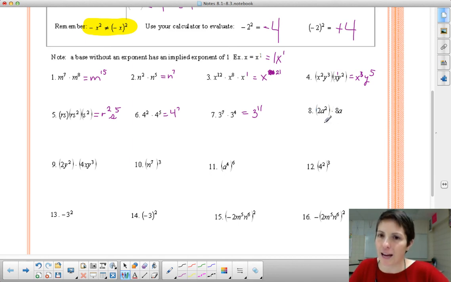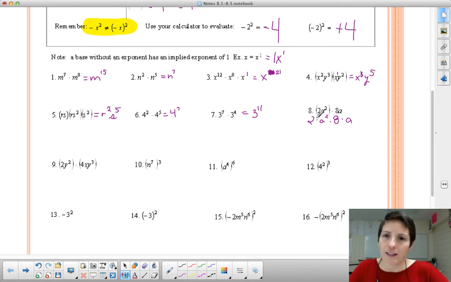So I have a feeling number 8 is probably the spot where you may have made some mistakes. So I'm going to talk all the way through it. When we look at this problem, we really have to consider the fact that we have 2 times a squared times 8 times a. And it looks really funny to write it that way, but that's really what that says.